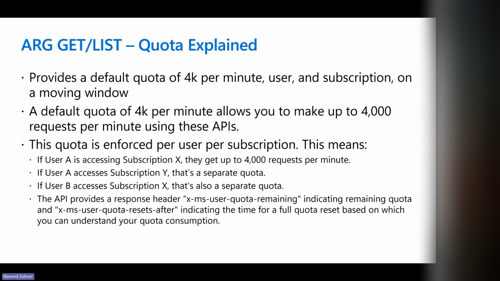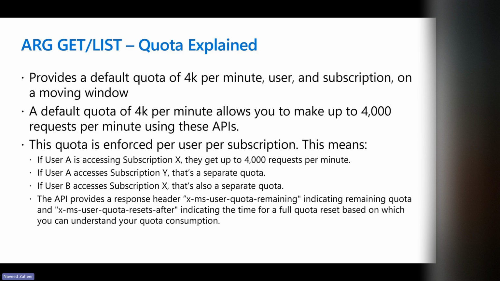That's a separate quota. I get 4K. So it is a separate quota, but the same number, 4K. So basically, I make one call there, one call there, and my remaining quota is 3999. In the same way, when user B comes into the subscription, they get a separate quota. So think of it as a moving quota that's user and subscription based. That's very important to keep in mind. And it's 4,000 requests per minute while you're using this API.